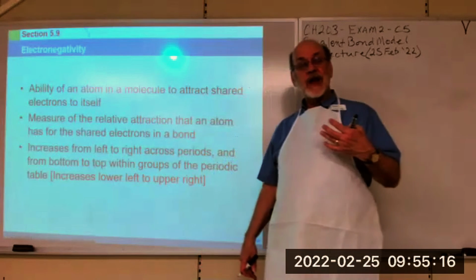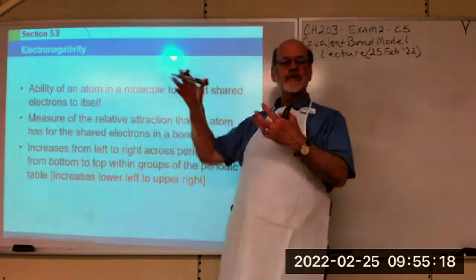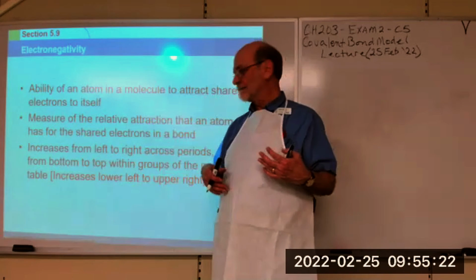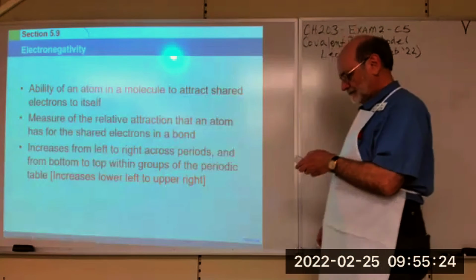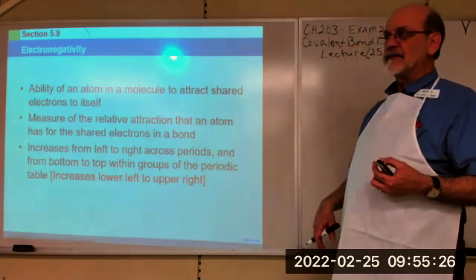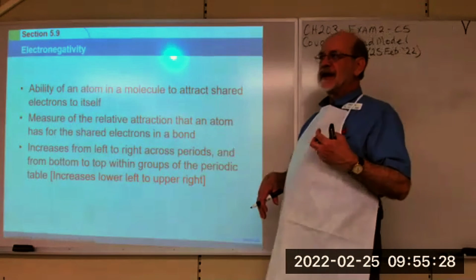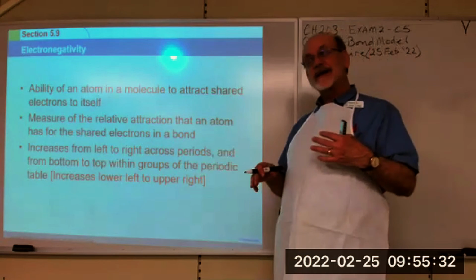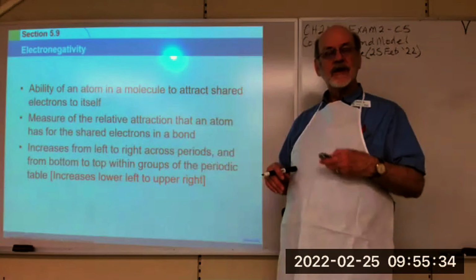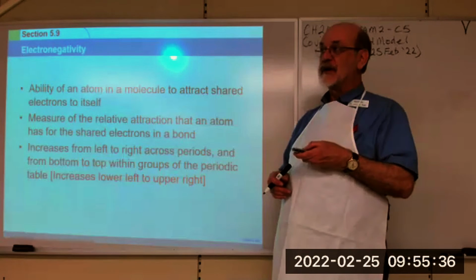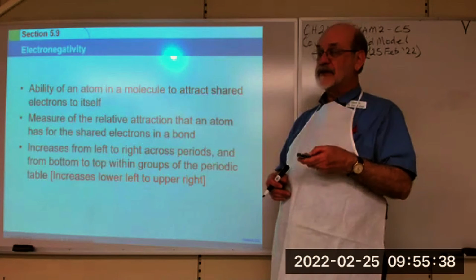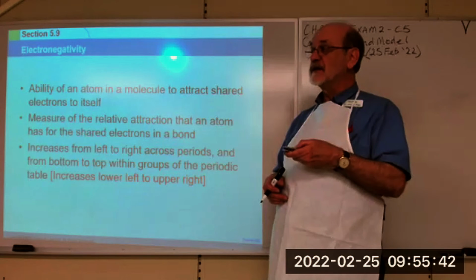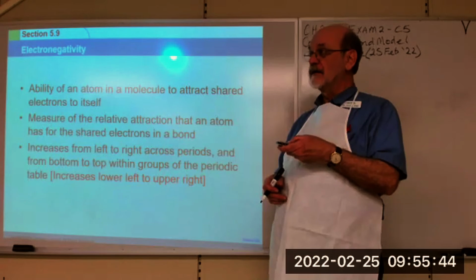But neutral atoms of nonmetals tend to attract electrons to themselves. So they have a higher electronegativity. And the trend is the electronegativity increases from lower left to upper right in the periodic table. So the least electronegative atom is down here around cesium, and the most electronegative is fluorine.